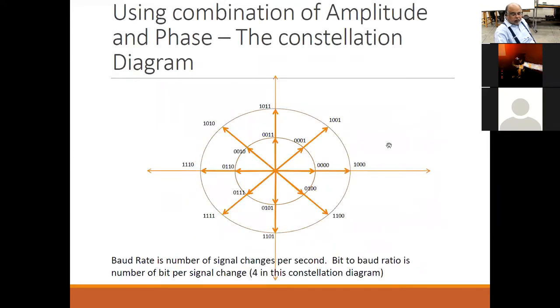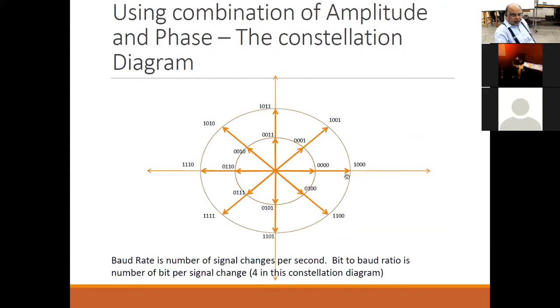All right. And now this is where we are actually getting somewhere very complex. How many vectors are there? 16. So this would be called 16 QAM.